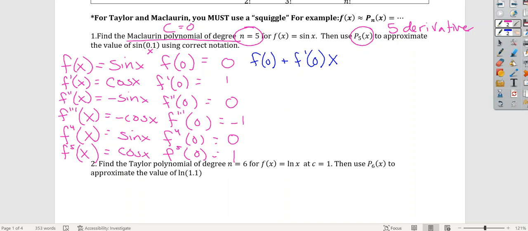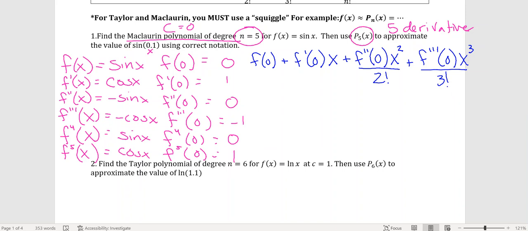All over 1 factorial, or just 1, which I don't need to write once again. Then I'm going to do the second derivative times x squared over 2 factorial. Then I do the third derivative times x cubed over 3 factorial.